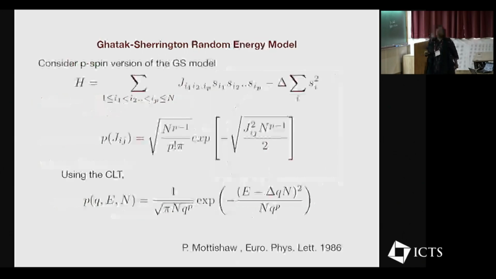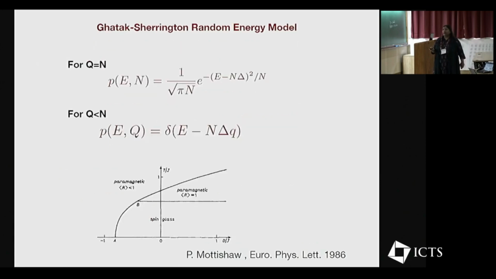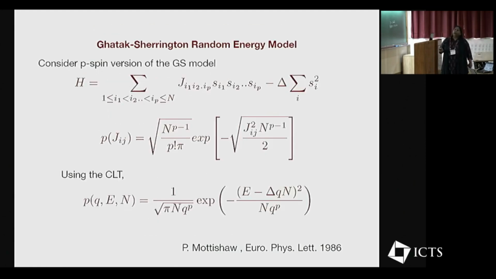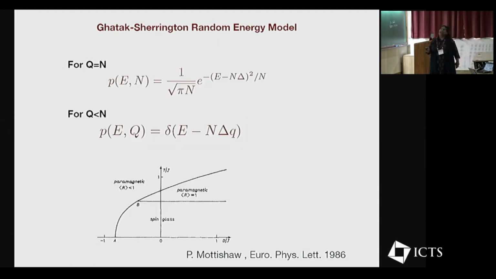Okay, so now if one takes a p-spin generalization of the Sherrington-Kirkpatrick model and again does the central limit theorem, one can again come up with a resultant random energy model. And though for finite p the distribution of energy is Gaussian, the moment you take p going to infinity, there is something interesting going on in the sense that this limit makes the distribution have two different forms.